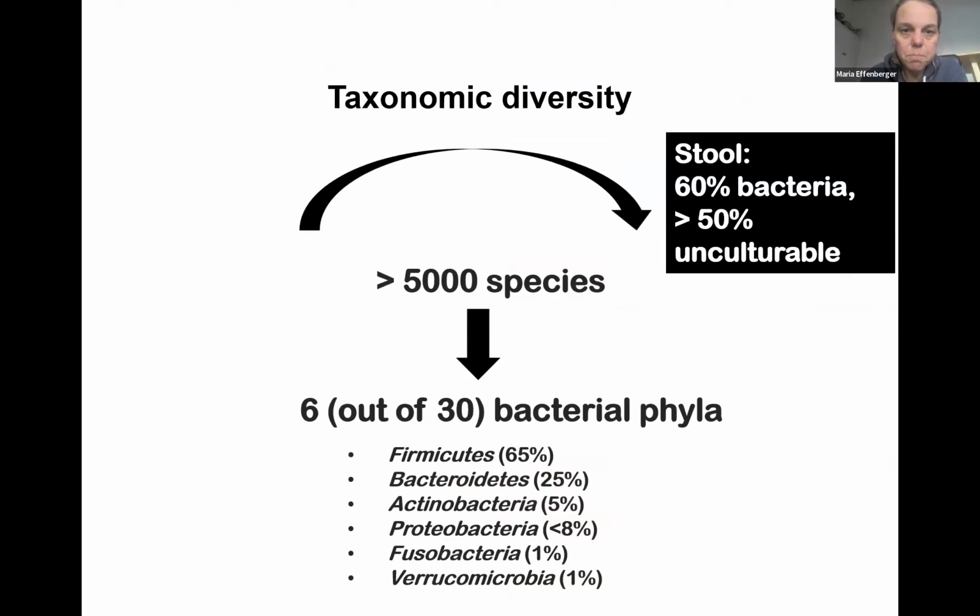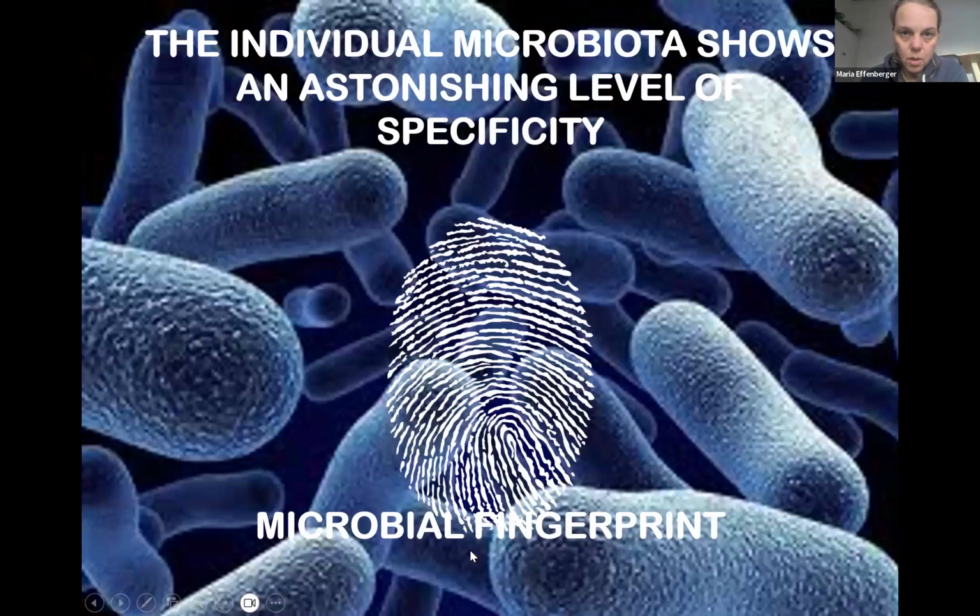So we have a big change in taxonomic diversity, where there are over 5,000 species, and what you see is that a lot of them are Firmicutes and Bacteroidetes. If you have these two phyla, you're already covering about 90%. Everything else is more or less not that common.